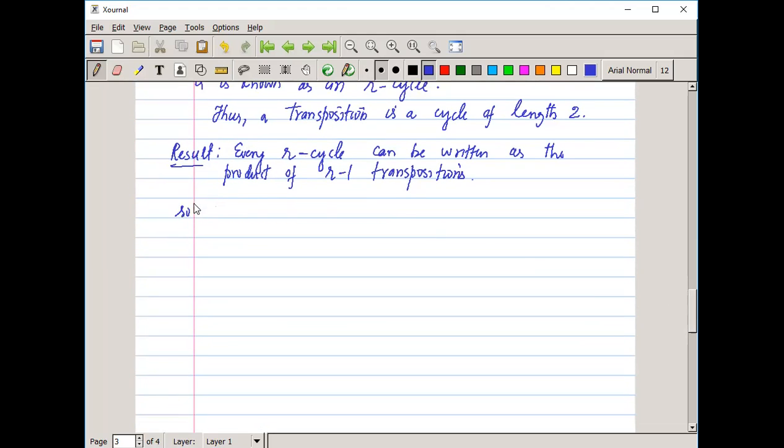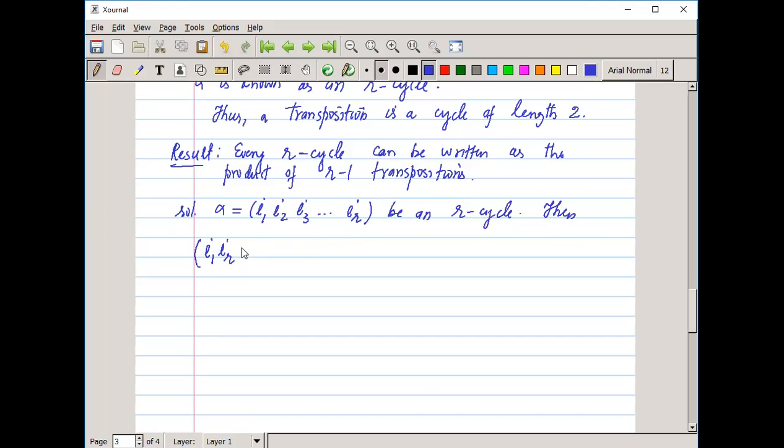The proof is actually very easy here. Let alpha be an R cycle, so let alpha is equal to (I1 I2 I3 ... IR). Then we have (I1 IR).